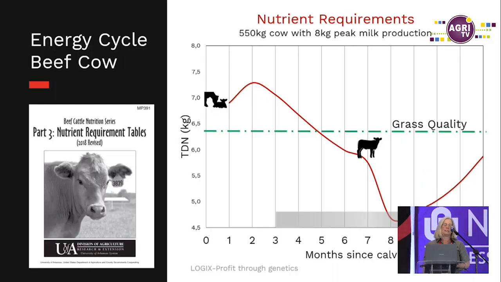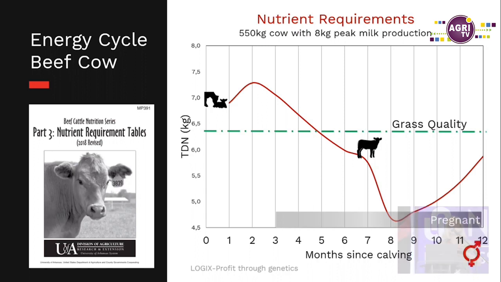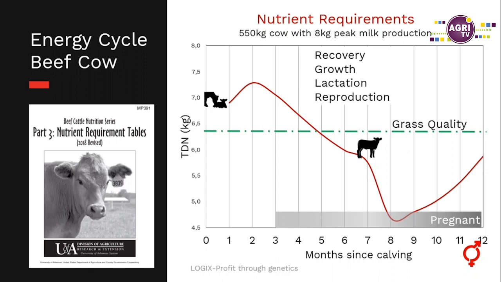First, we have to look at the energy cycle of the beef cow, and you will see that this is now from one calf to the next, and here the cow has calved, and then in the first 3 months after calving, there's a huge demand in energy, which is due to recovery from the birth.